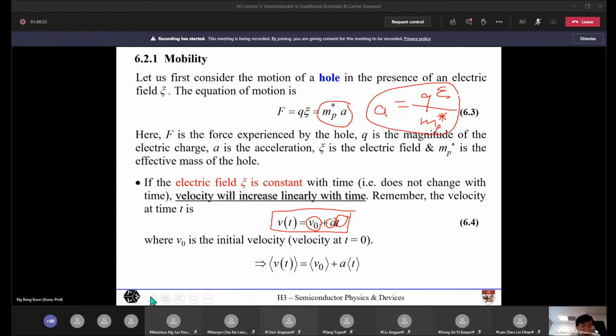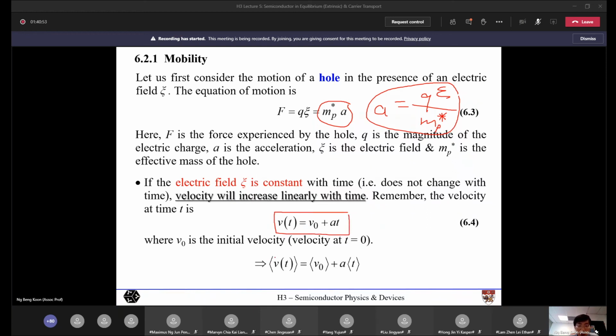And in fact, with this equation of motion, having the hole moving in the semiconductor, remember, it's this random motion, the thermal motion that's also included. We can find some average of this movement by taking the average on both sides.